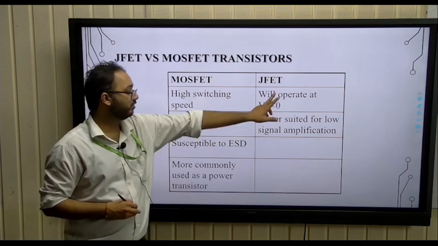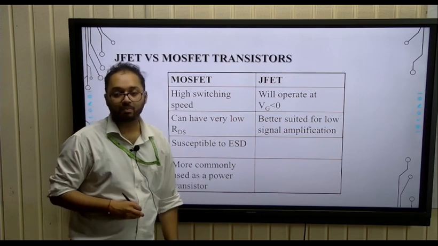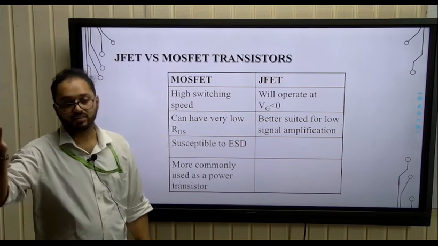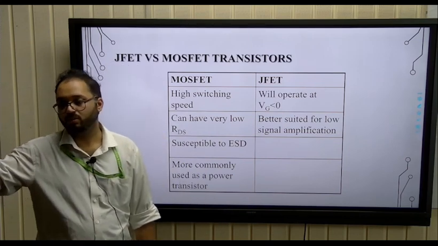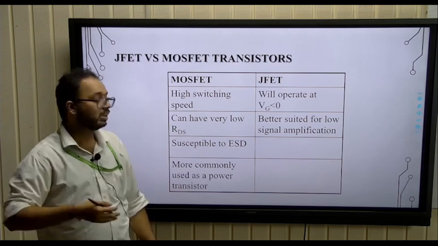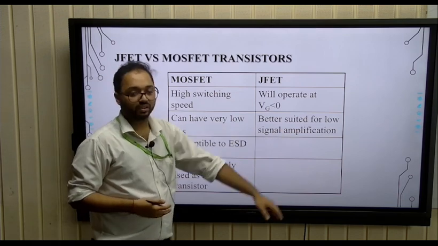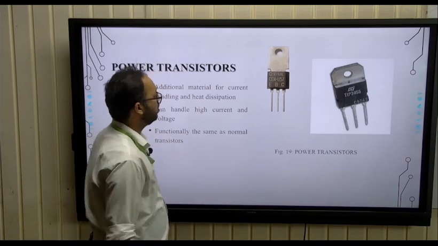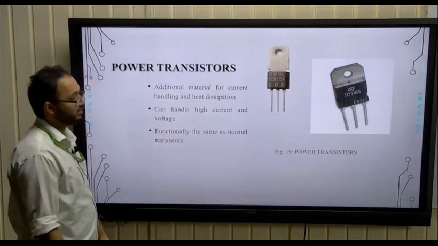Okay, and JFET is mostly used in signal amplification. When you are applying signal or signal communication like you are using in mobiles, there are some places where JFET is used. Okay, this is how a power transistor will look.